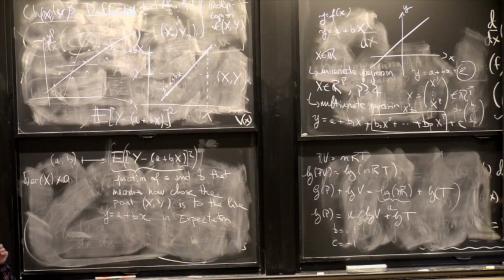Yeah? Does this assume that the error is Gaussian? No. I mean, if we knew that the error followed some e to the minus x to the fourth distribution, would we want to minimize the expectation of the fourth power of y minus a plus bx in order to get the best fit?